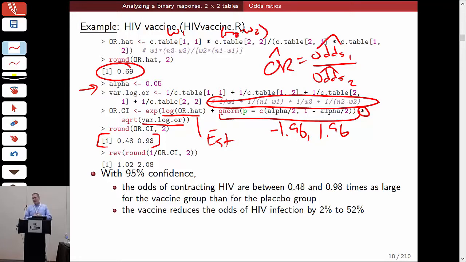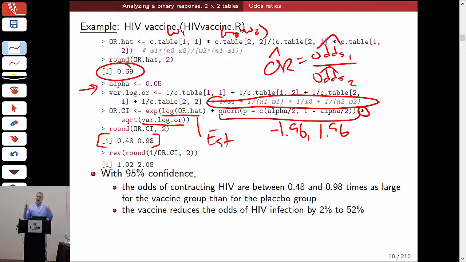But it helps when 1 is not in the interval because then you can tell the results to the media and the media can make a big deal about it. Unfortunately, I think since then they have not been able to replicate the effect in other trials, if I remember correctly.